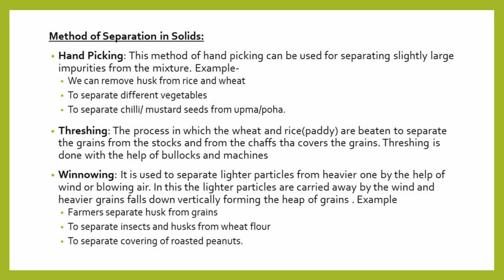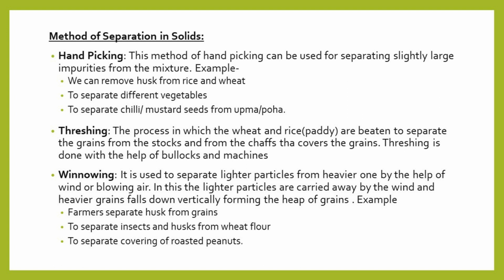It can be done only when one of the components is present in small quantity. We can remove husks from rice and wheat, and separate different vegetables. When we are buying vegetables, we are hand picking the nice vegetables. We are not taking the pale or other types of vegetables. And to separate chili and mustard seed from upma and poha.